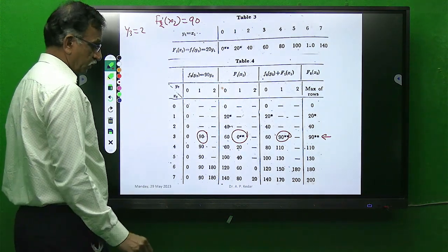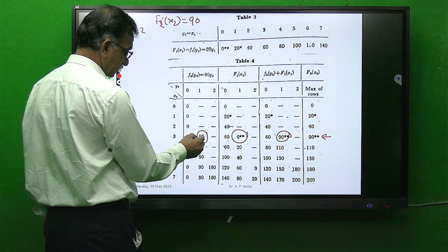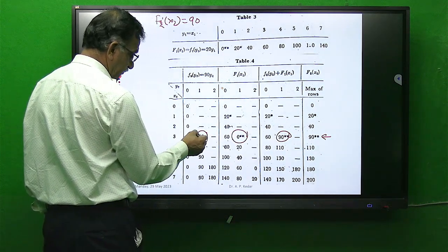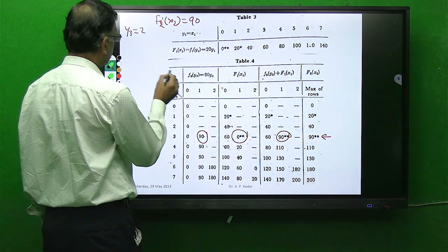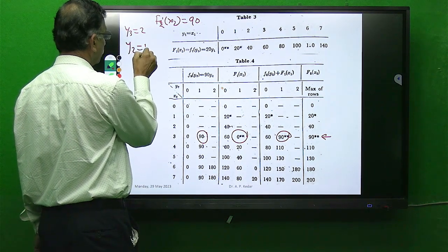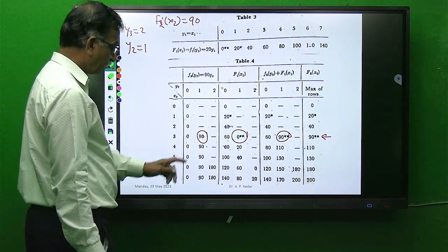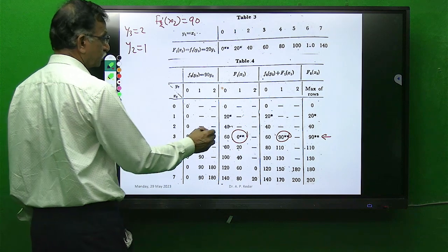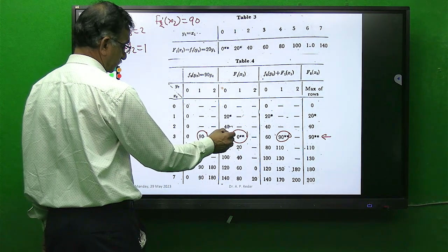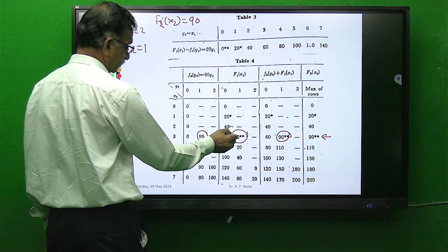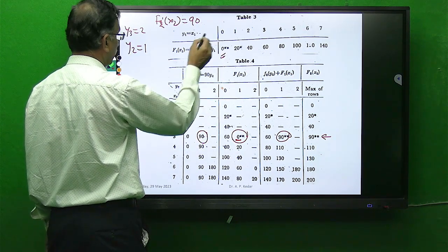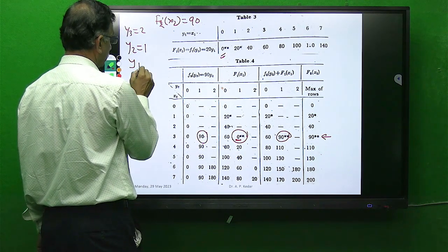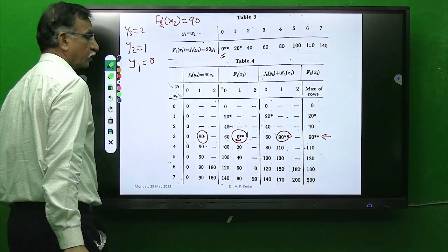Very important: for this, the value of y2 is 1, so y2 is equal to 1. Now focus on 0. For this 0, y1 is equal to 0.